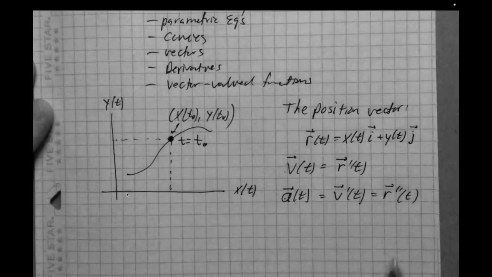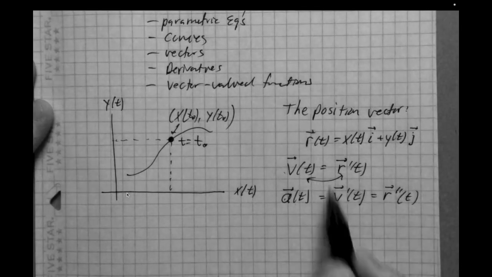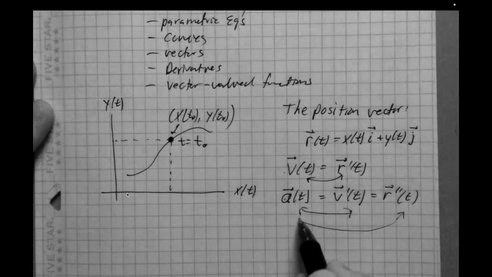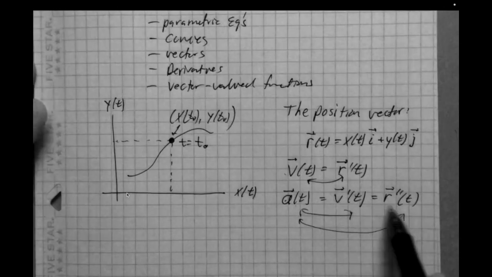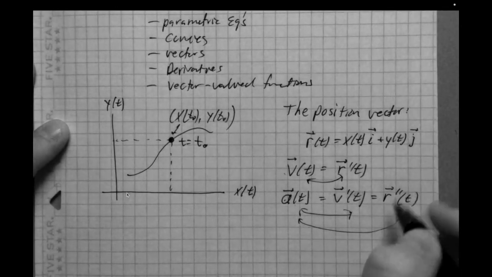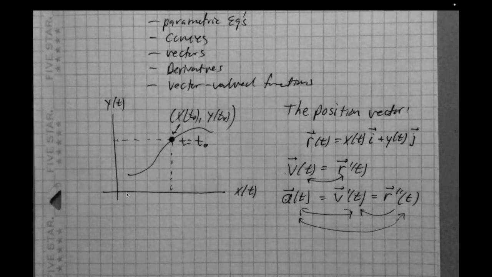Hopefully these steps make sense. These are very intuitive. Now, it isn't totally obvious why the second derivative of the position vector is equal to acceleration, except insofar as it produces velocity, and velocity produces acceleration.